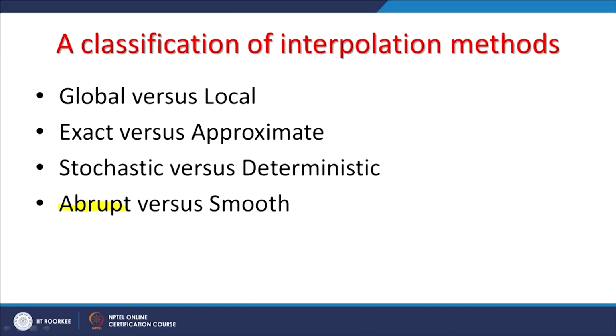So not all surfaces created using different interpolation techniques are going to be smooth. There might be abrupt conditions, and nowadays software has been developed to the extent that we can incorporate this extra information, called barriers, and create a more realistic interpolated surface.